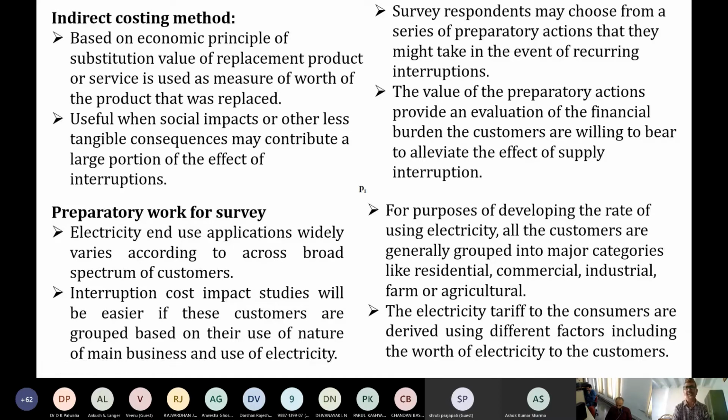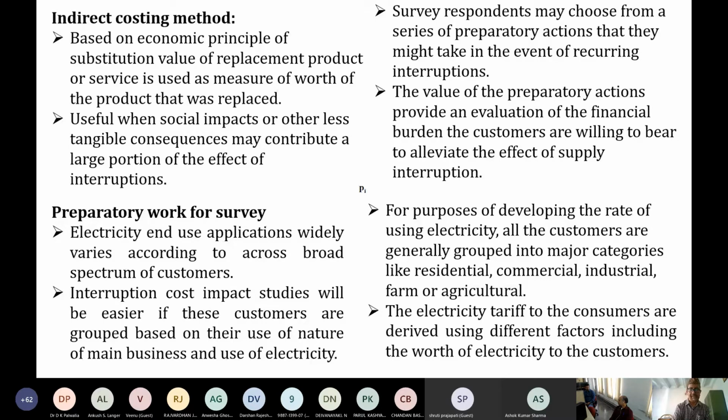That is the cost these customers are willing to bear to alleviate the effect of electricity supply interruption. It means to avoid supply interruption, they are willing to take those additional costs. So that will also give us some indication of how much customers are willing to pay for higher reliability.